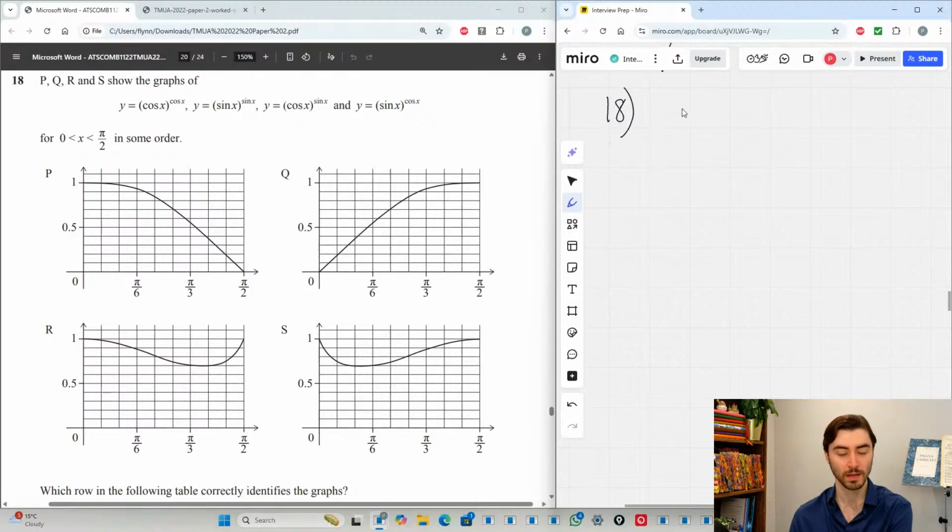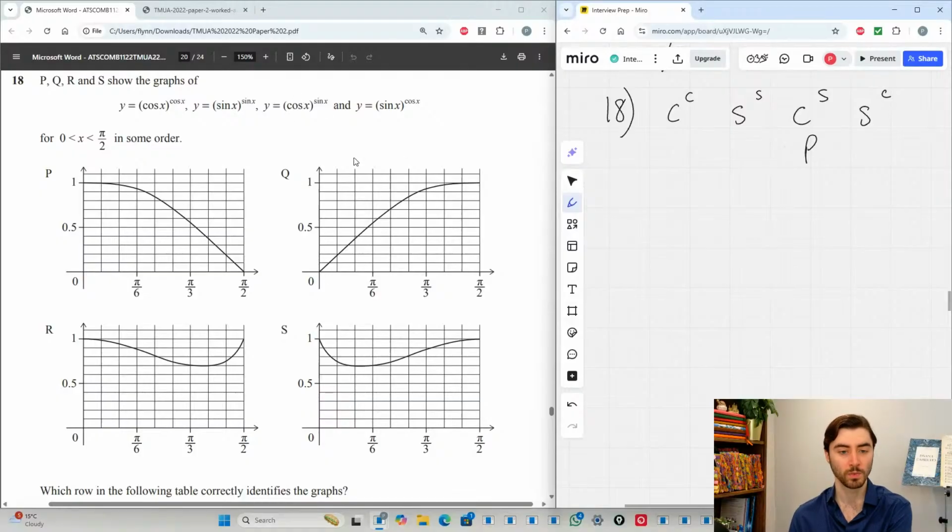So p, so cos to the cos, sine to the sine, cos to the sine, sine to the cos. We know that p is cos to the sine. Sorry, 0 to the 1 is 0. Cos to the sine is p. Okay, let's try x equals 0.